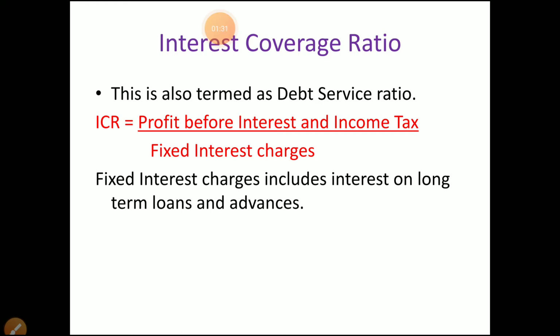So how much it can satisfy properly the customers or the borrowers or the creditors from whom the business borrowed. Okay, so that ability is known as what? Solvency. So interest coverage ratio is another category of ratio through which we can understand the solvency of the business.